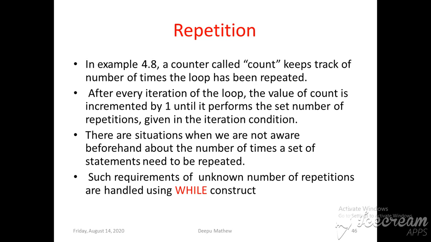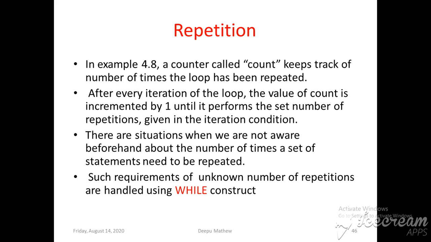I already explained that. The counter is called count, to keep track of the number of times the loop has been repeated. After every iteration of the loop, the value of count is incremented by 1 until it performs the set number of repetitions.